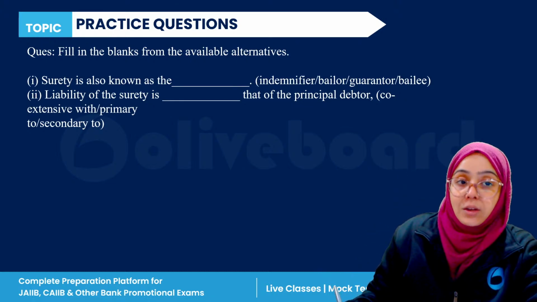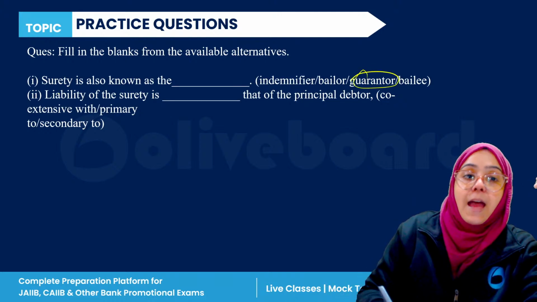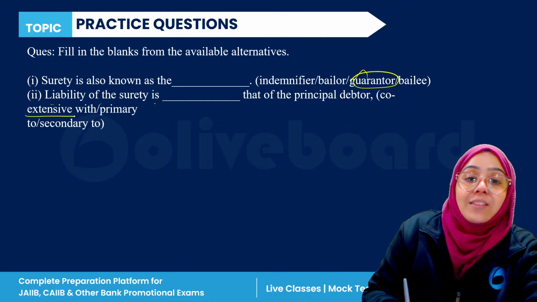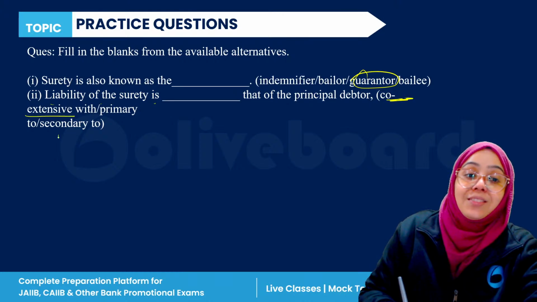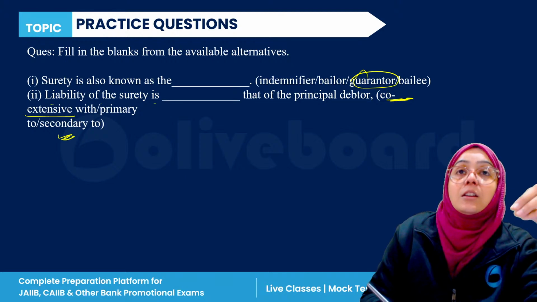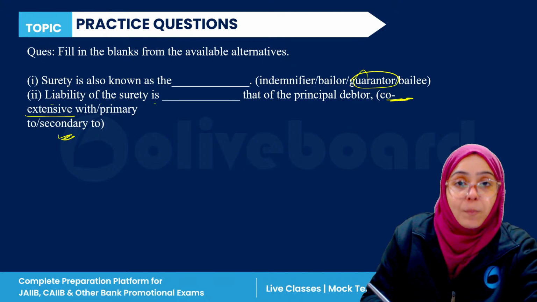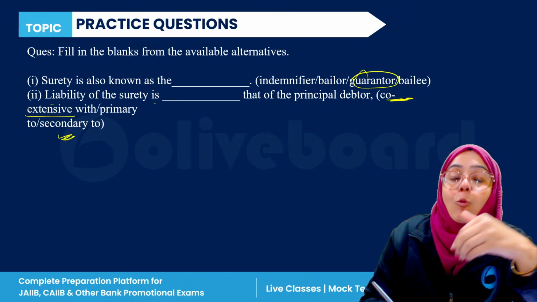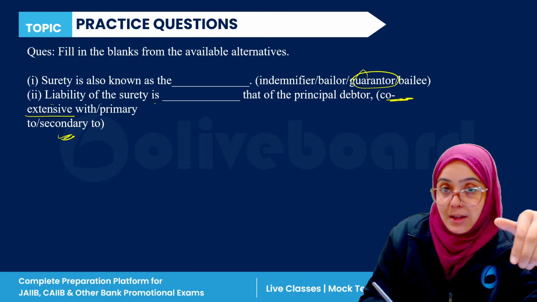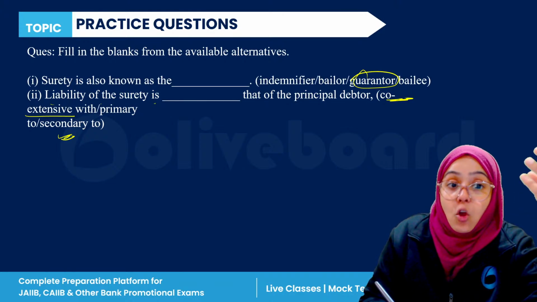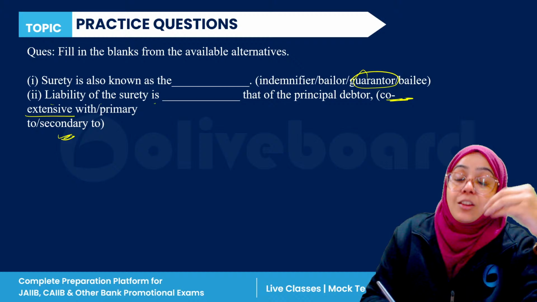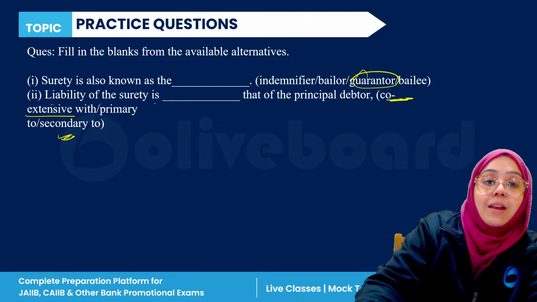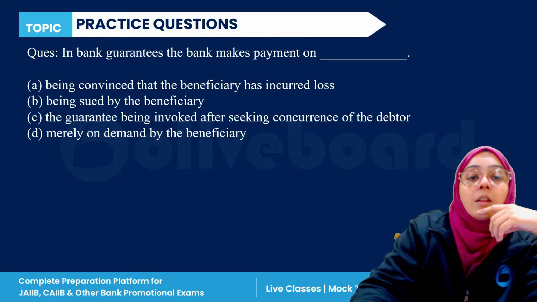Surety is called the guarantor, and the liability of the surety is coextensive with that of the principal debtor. It is secondary in the case when the debtor fails to pay. The primary liability is of the debtor and the secondary liability is of the surety, in terms of the creditor, not in terms of the debtor. In terms of the principal debtor, the liability of the surety is coextensive. Done. Next question.